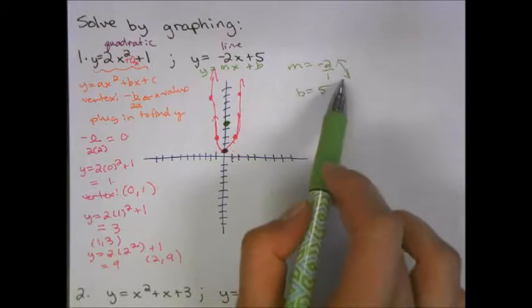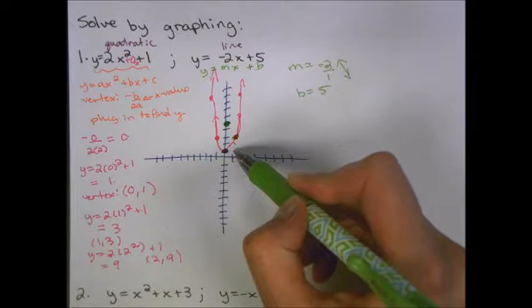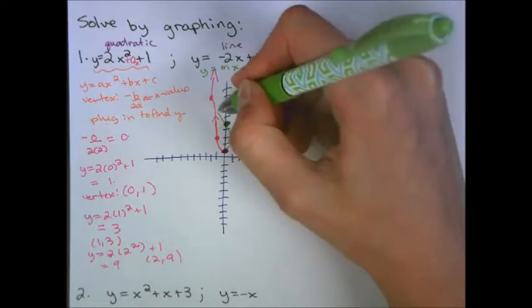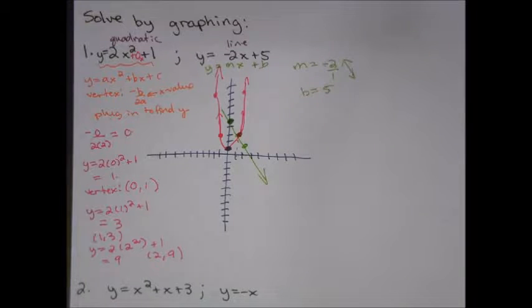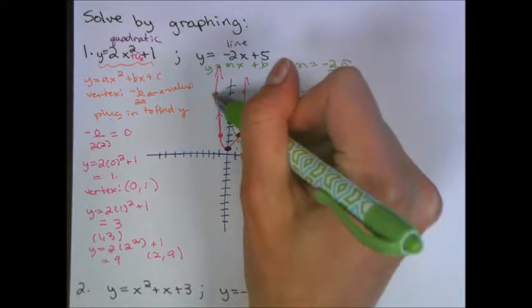That's a decreasing graph. I'm going to go down 2 over 1, down 2 over 1. And then over here, I'm going to go up 2 over 1, up 2 over 1.